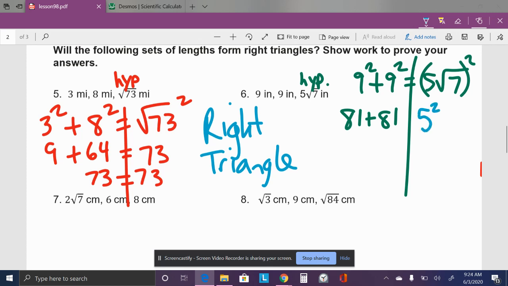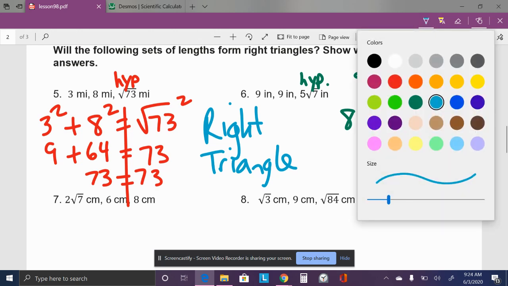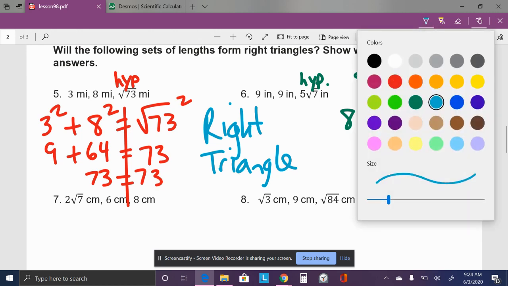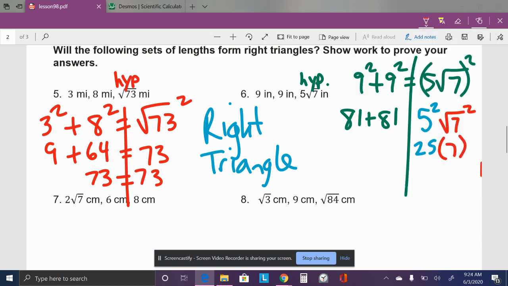5 squared, right? And you have to square the other part of it, the square root of 7 squared, which is 25 times 7. 5 squared is 25. Square root of 7 squared cancels out, it's just 7. So it's 25 times 7.